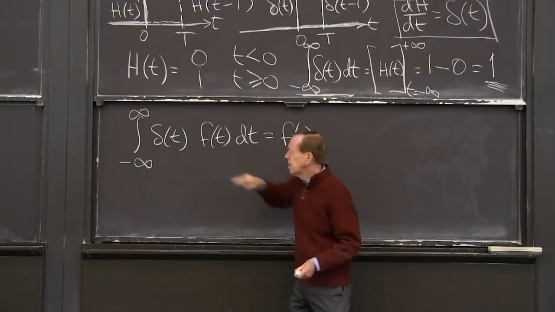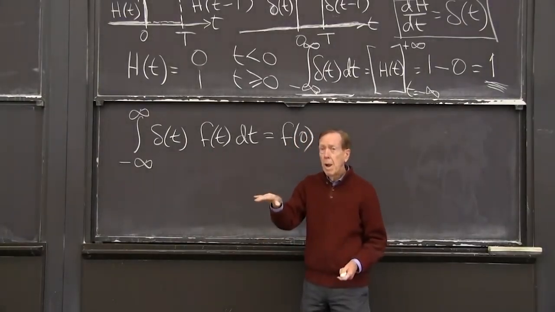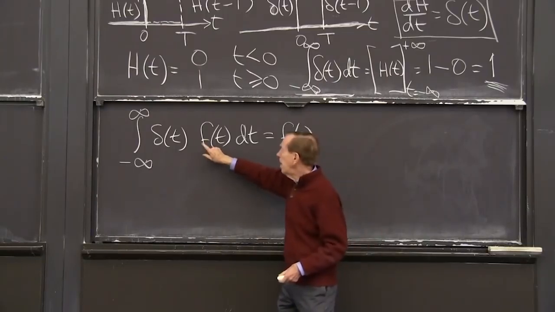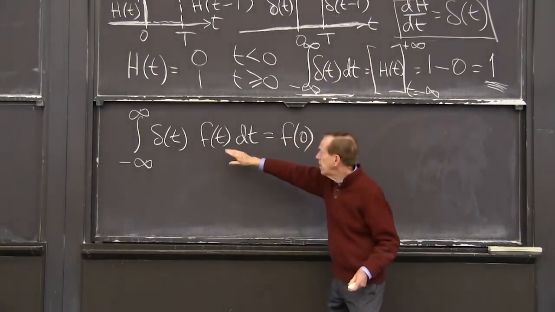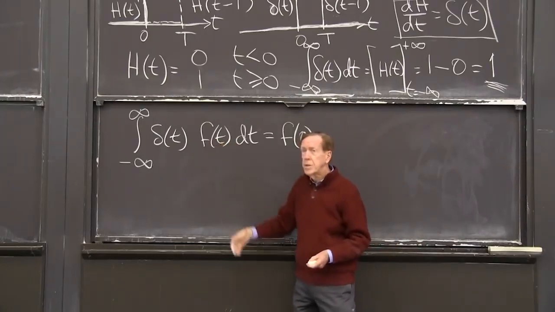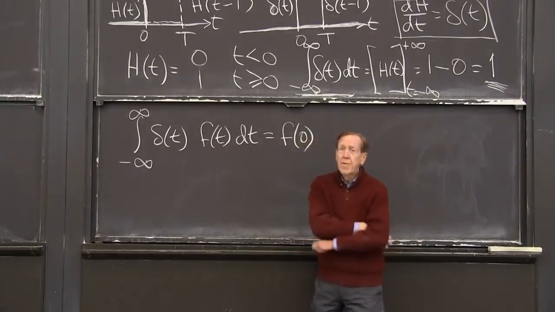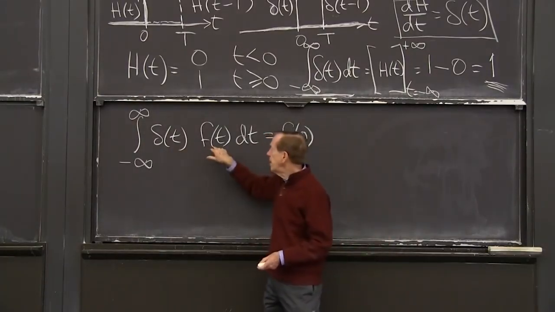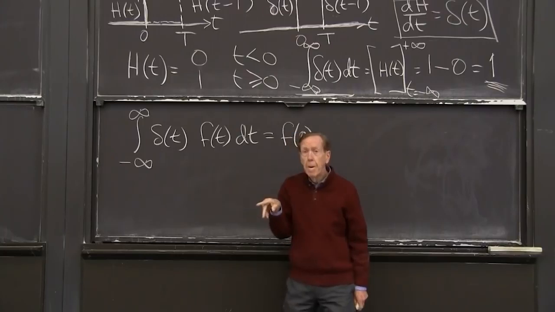So if f of t was the constant function 1, then we're back to our integral up there. If that's just 1, I'm integrating delta of t. My function is 1, I get 1. But suppose that function is sine t. What's the integral of delta of t times sine t dt?